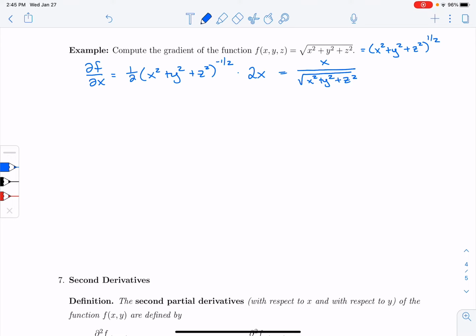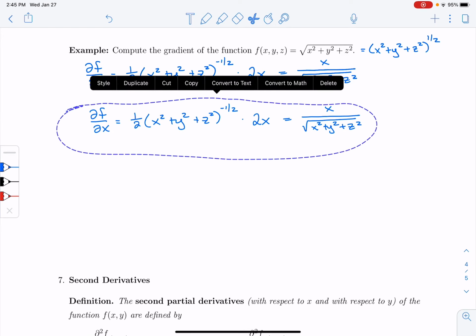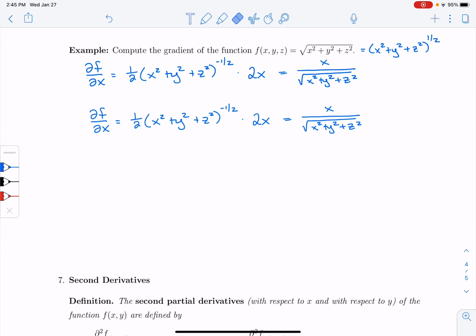Now I hope that you see that there's kind of a symmetry to x, y, and z in this problem. In fact, y appears in the equation in the exact same way that x appears. So there's really no difference between the derivative with respect to x and with respect to y other than the variable. So if I do df dy, it's going to be 1/2 times that expression to the negative 1/2.